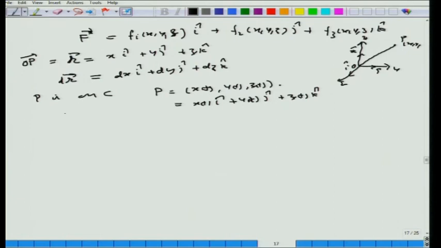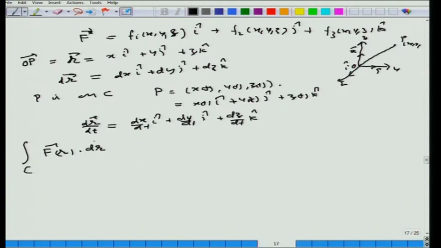Then we can see that this dr by dt, the tangent vector at the point P on the curve, will be given by dx by dt i plus dy by dt j plus dz by dt k. And so this integral over C of F · dr will be nothing but f1 dx plus f2 dy plus f3 dz.